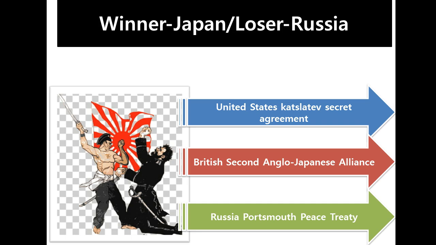And the loser, Russia, concluded the Portsmouth Peace Treaty and admitted Japan's claim over Korea.